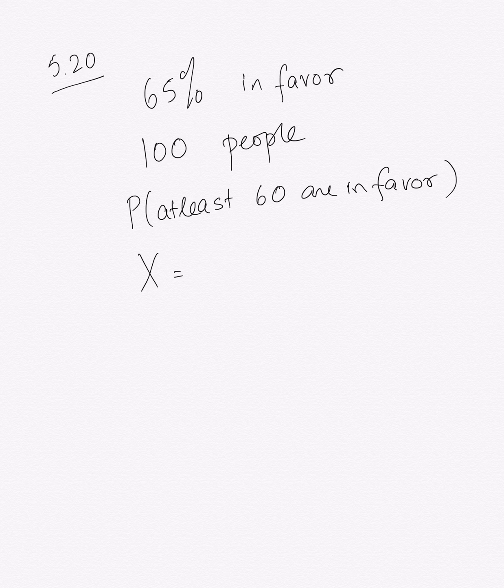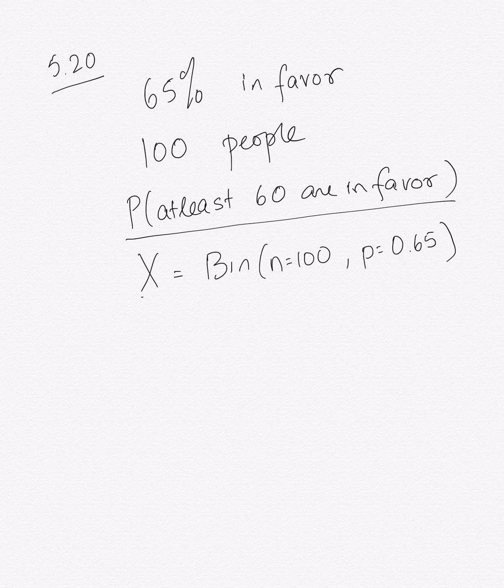With that assumption in mind, X is a binomial random variable with n equals 100 and p equals 0.65, which is the probability of being in favor. So X is the number of people in favor. What is the question asking? The question asks for the probability that X is bigger than or equal to 60.